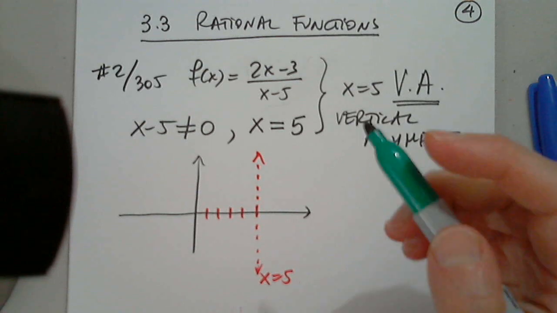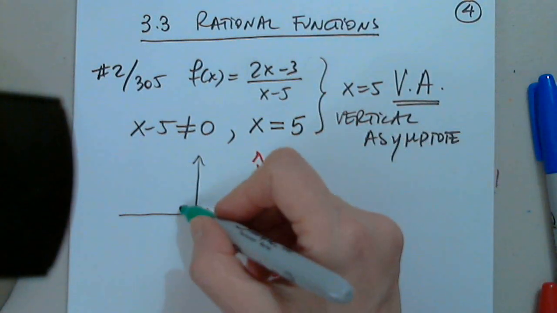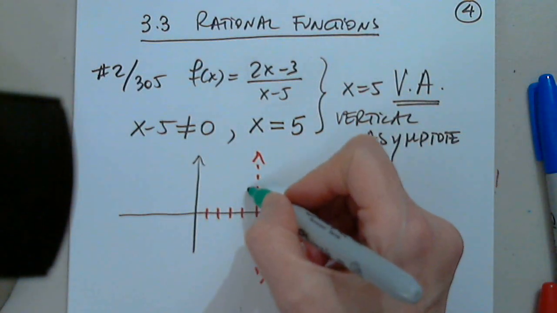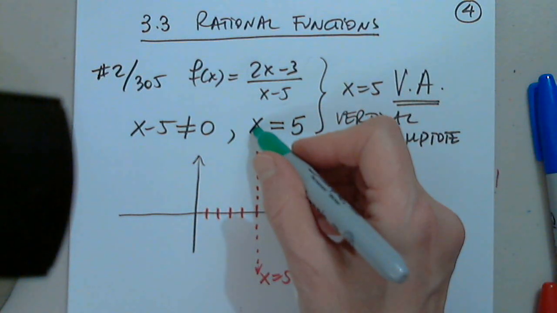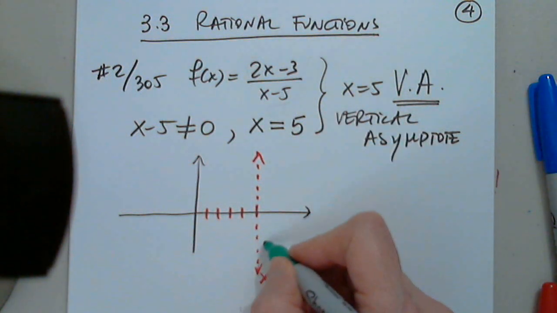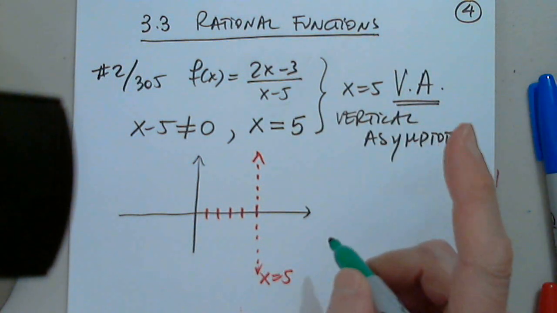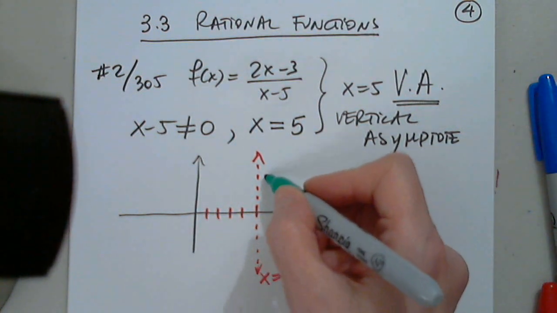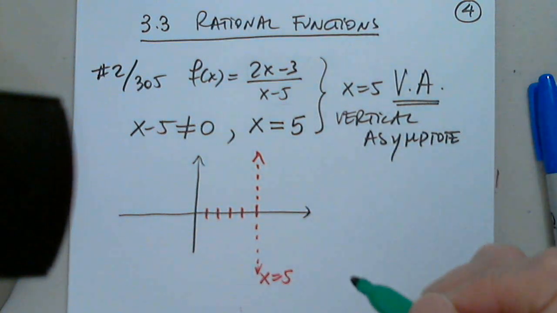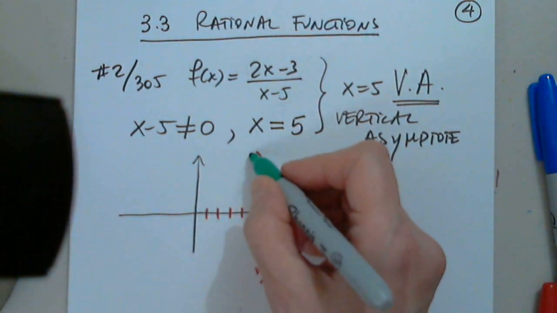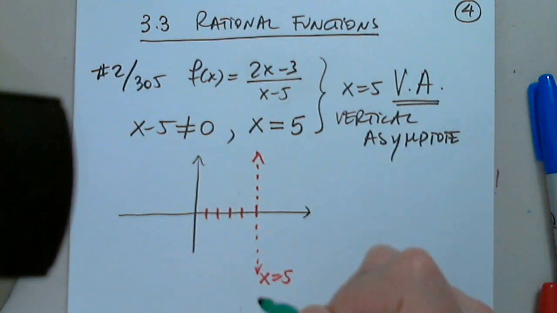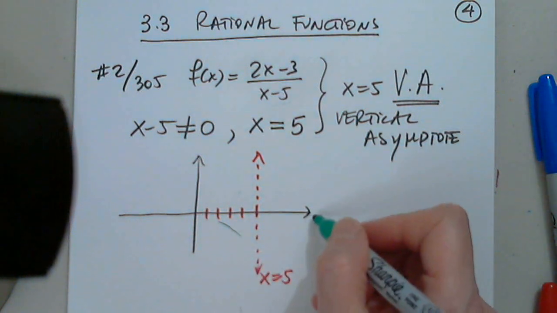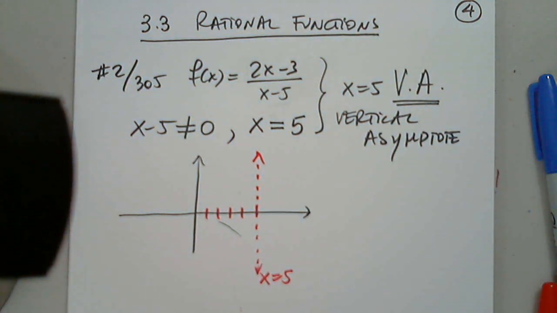Well, it means that the function either goes to infinity on this side and to negative infinity on this side, or goes to negative infinity on this side and positive infinity on this side, or infinity on both sides, or negative infinity on both sides.